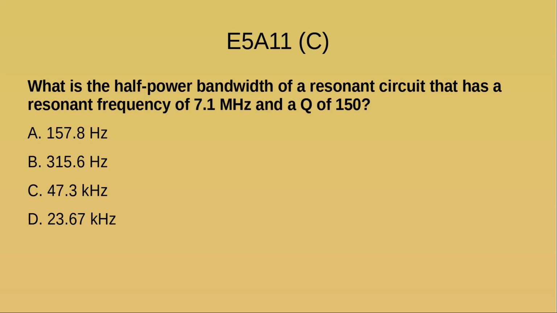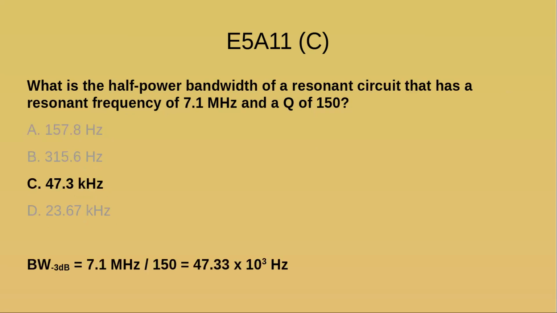Four 150s is 600, five would be 750, so one would be between 4 and 5, and I see one answer between 4 and 5. A bandwidth that narrow for half of the power could be a very high Q. A Q of 150 is pretty high. 47.3 kilohertz.